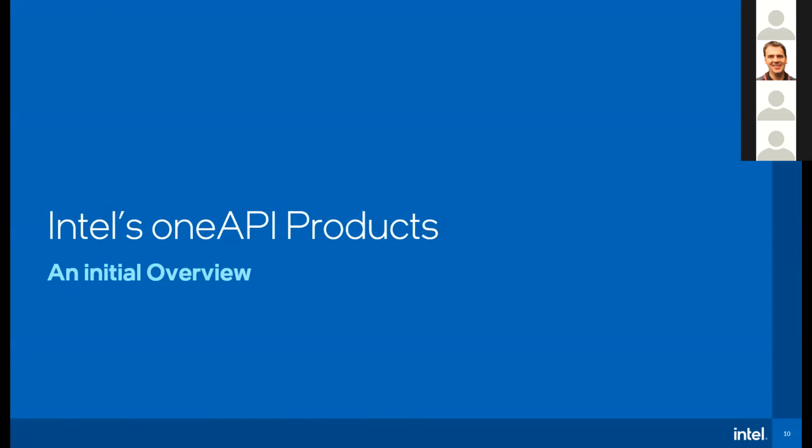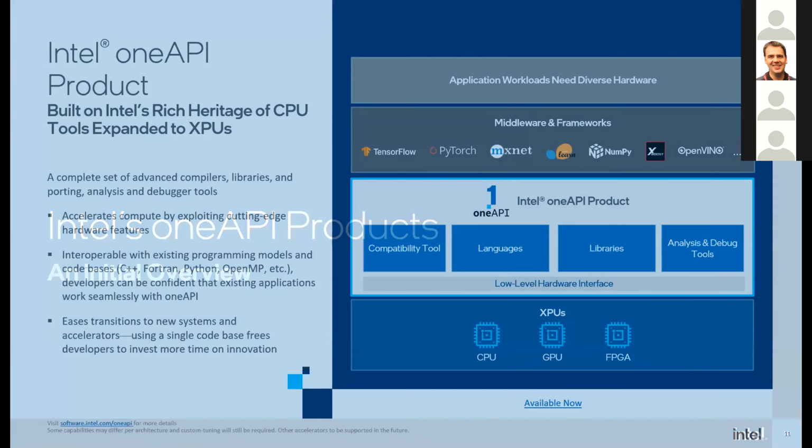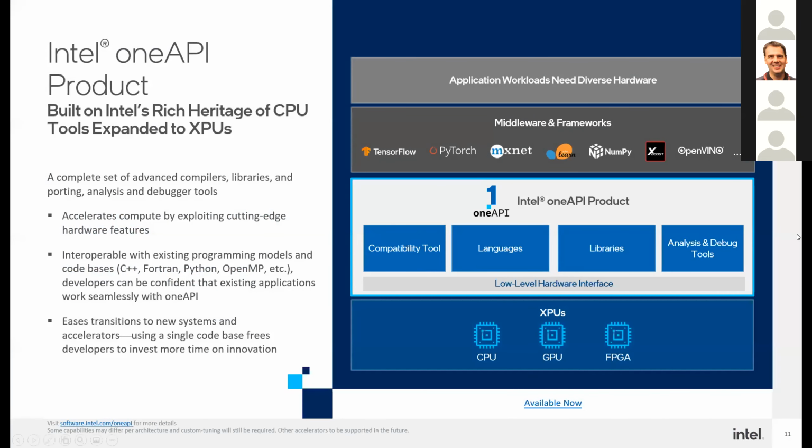Let me talk a little bit about the oneAPI products, the Intel products. So on the right side, you see again the kind of layer model that you saw earlier. So on top of the XPUs or the hardware, you find the various Intel products sitting on top, including the low-level hardware interface, which we're using in order to, as I said earlier, bridge the gap between the products and the hardware.